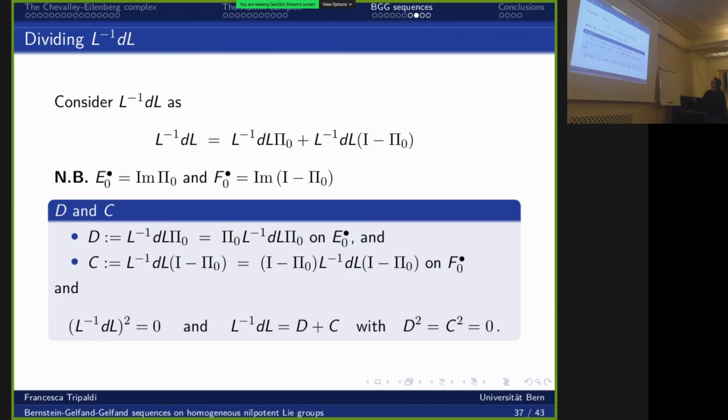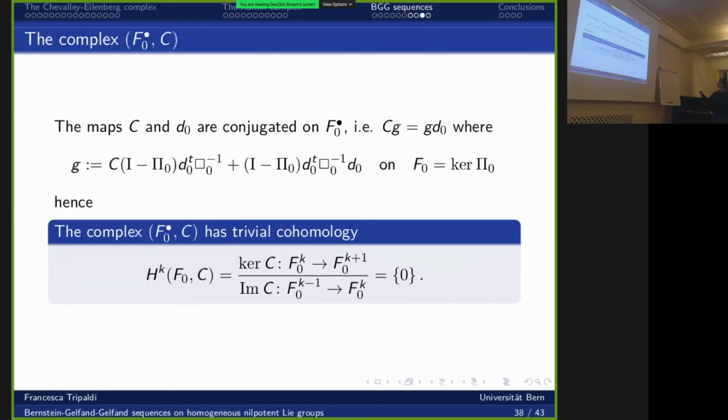And the same thing goes for C. So I'm just dividing this L inverse DL into the sum of D and C. And actually, you see that they both behave very well. So this D stays in E0 and this C stays in F0. And they're both complexes, right? So D squared and C squared are both equal to 0.